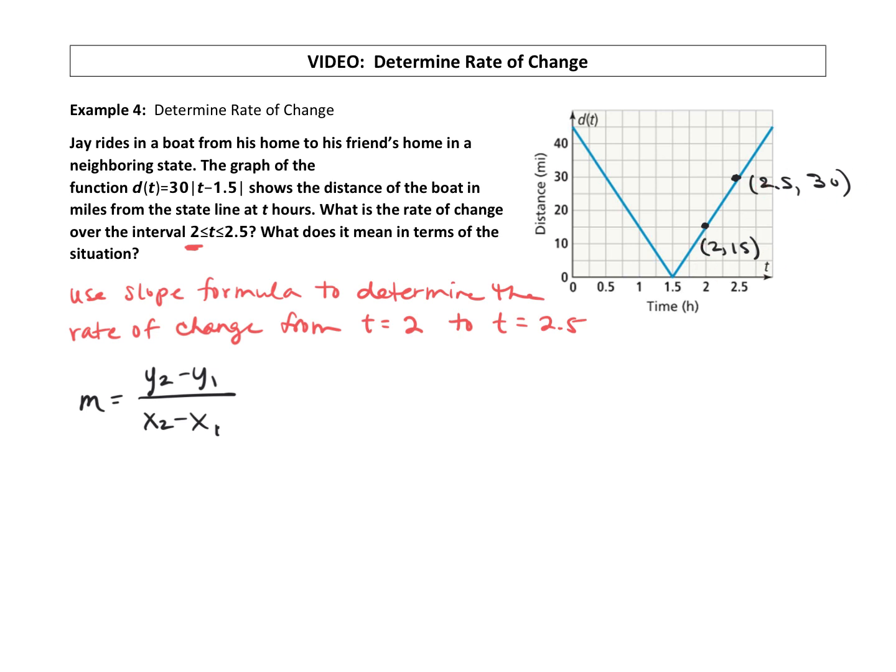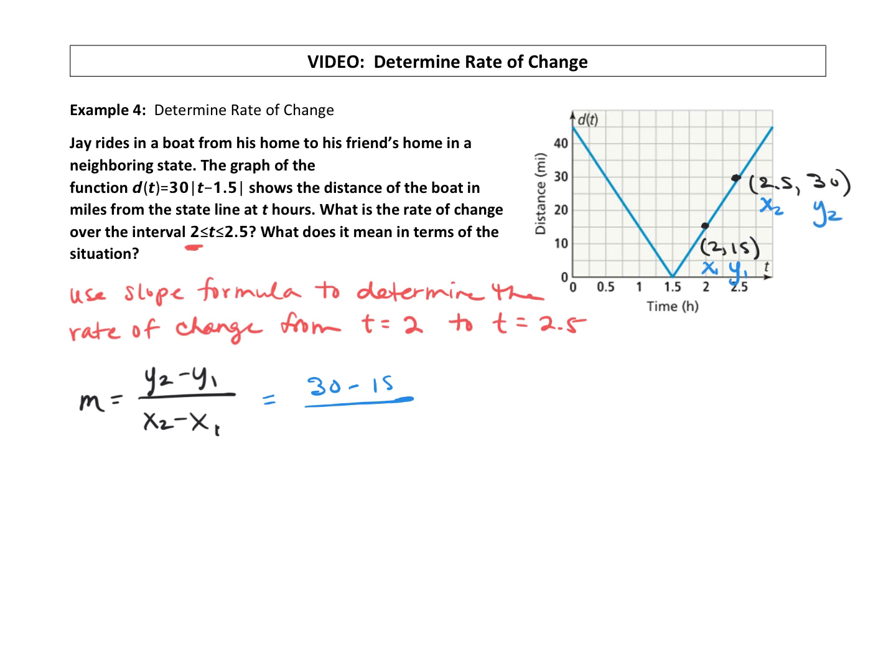We're going to plug them into our slope formula. So y2 minus y1, we're going to take the 30 minus the 15 over x2 minus x1 here. Maybe I'll label. Here's our x1, y1 point. Here's our x2, y2.